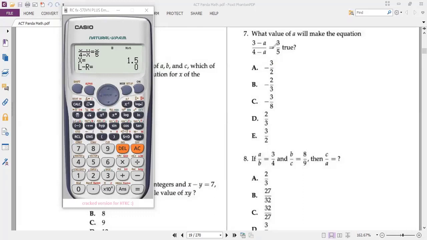Now we will solve it. A mathematician, okay, no need. Just do it like this, just for explanation. Cross product, extremes times means. So 5 times 3, 15. 5 times minus a looks like this, minus 5a. 3 times 4, 12. 3 times minus a looks like this.